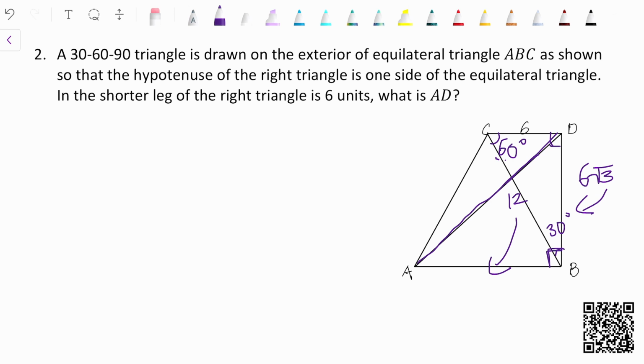Using the Pythagorean theorem and pulling out a 6 from both, we'll find that this is equivalent to 2 now, and this is equivalent to the square root of 3, and we can multiply that 6 back on later.